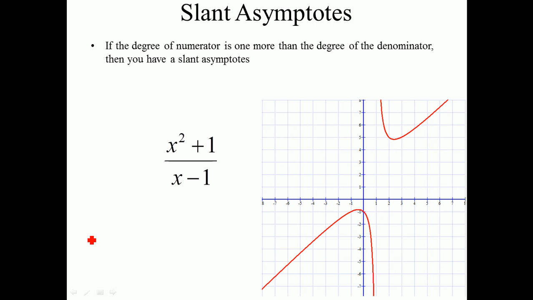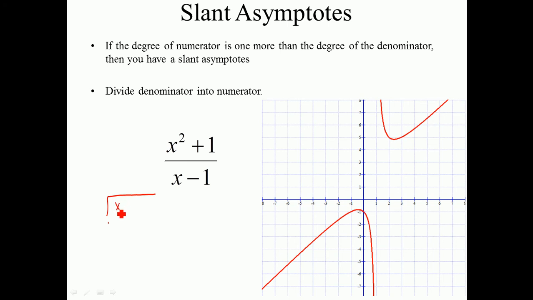Notice when you have a slant asymptote, you don't have a horizontal asymptote. But as long as it's one more, you have a slant asymptote. The way you find the slant asymptote is just divide the denominator into the numerator. Don't try any other way, just concentrate on doing long division. If you do long division, you'll be able to find out what that slant asymptote is.